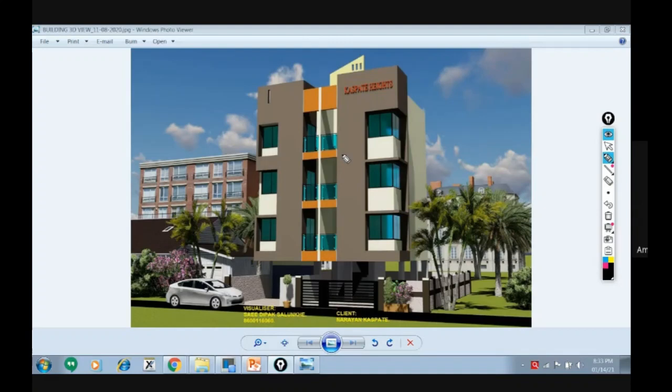And from the base we can also see the columns, and possibly the staircase will be in the center, and the rest is the elevation. I think they have provided wall for the elevation in the front.